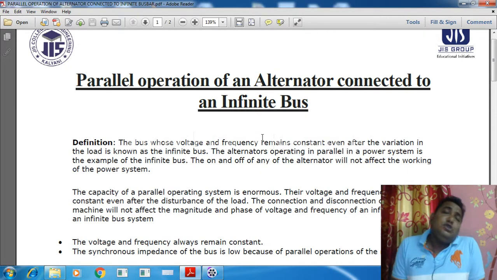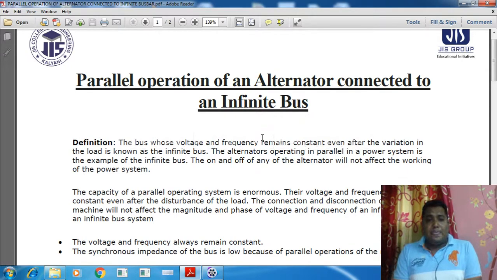In that huge power system, a change in one alternator does not affect the other one. That is a very important point. So the capacity of a parallel operating system is enormous.